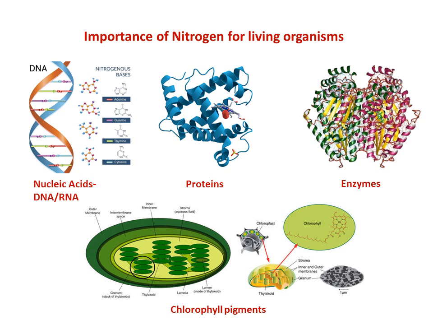For example, the nucleic acids DNA and RNA are made up of nitrogenous bases. Without these nitrogenous bases, no DNA. Without DNA, no proteins. Proteins are the building blocks of all living organisms, and most enzymes are made up of proteins. These proteins in turn are made up of amino acids, and these amino acids contain nitrogen.